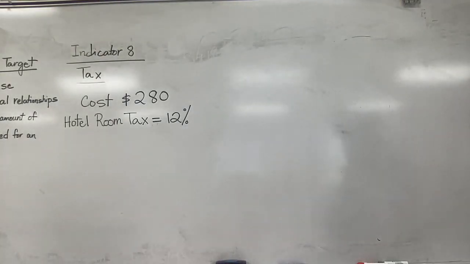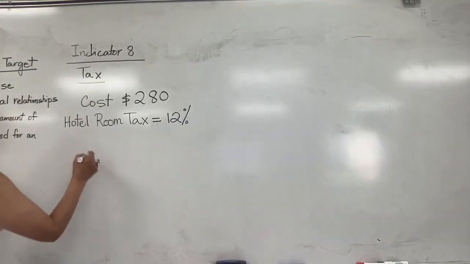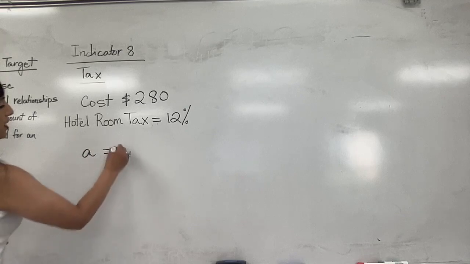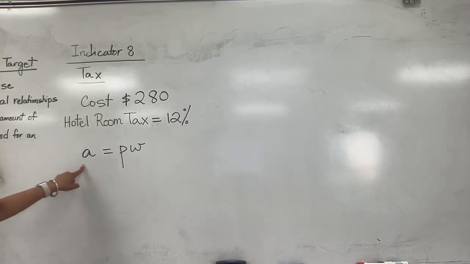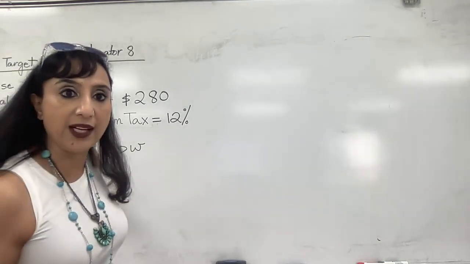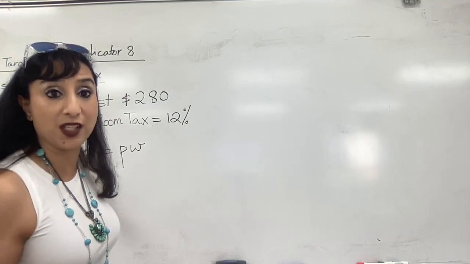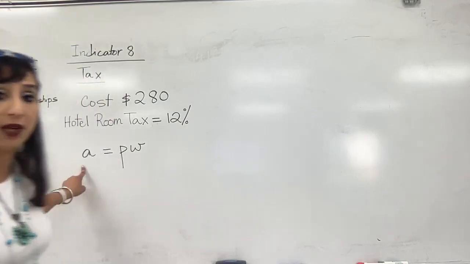So I am just going to go ahead and use the formula once again. And if I say A is equal to PW, which is the percent formula, and I am obviously finding out the part, which is how much that cost of the tax is going to be. So that is my part, okay?